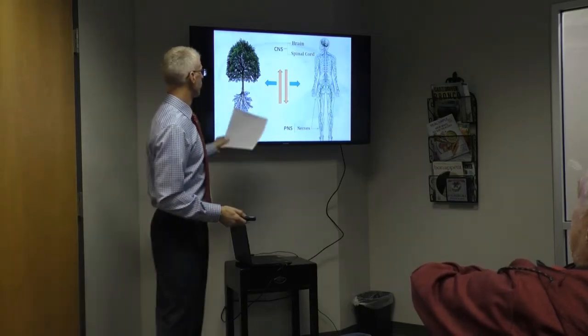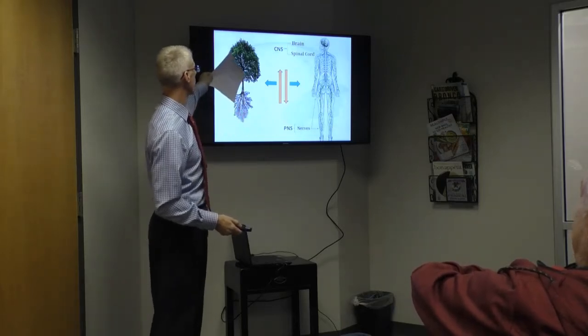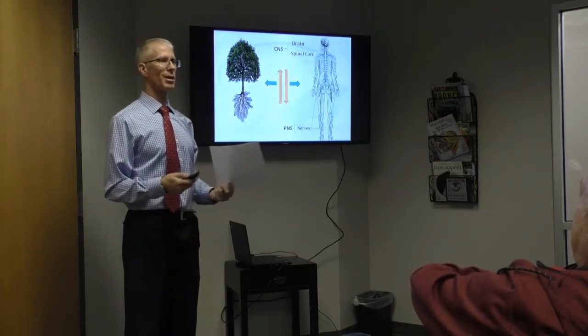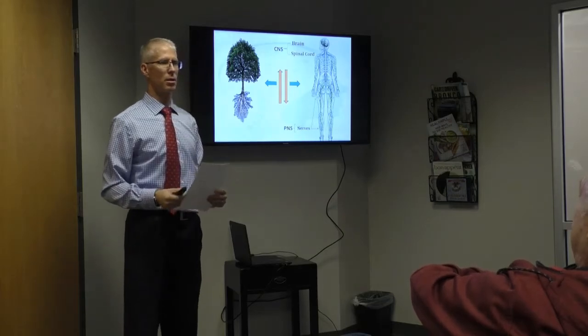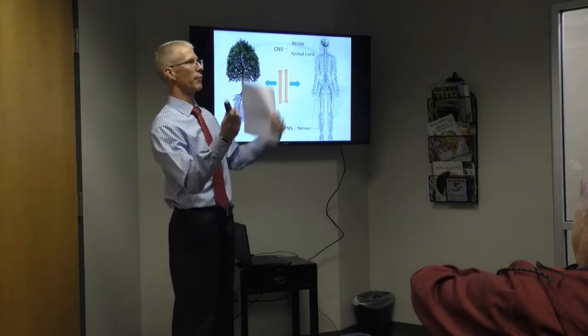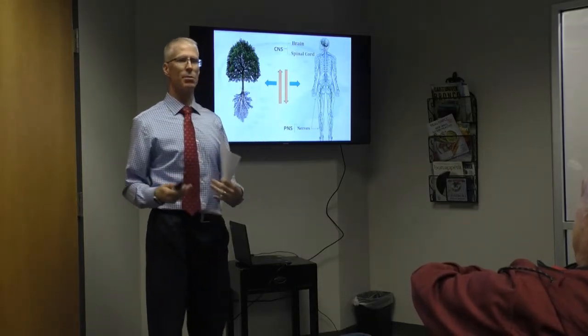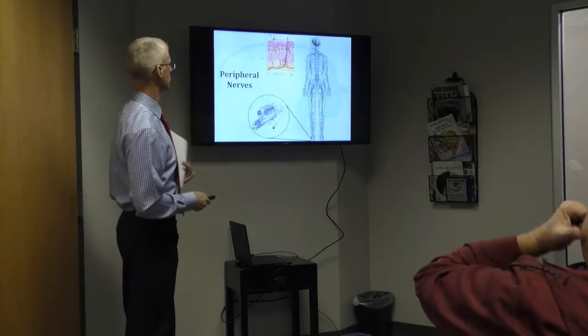So if you look at this tree, we've got roots, and that brings the nerves up into the trunk, and then you have leaves that grow. So what would be a sign that the tree is not getting enough water? Yellow leaves. Yeah, the yellow leaves. It's not like the tree just, they don't have enough water, boom, falls over. Same thing with our body, we have signs and symptoms that tell us that the nerves are not getting enough fuel, and we'll talk about those in a second.